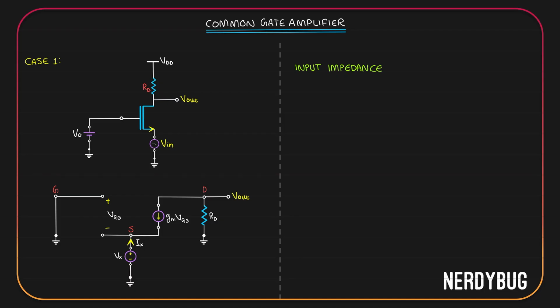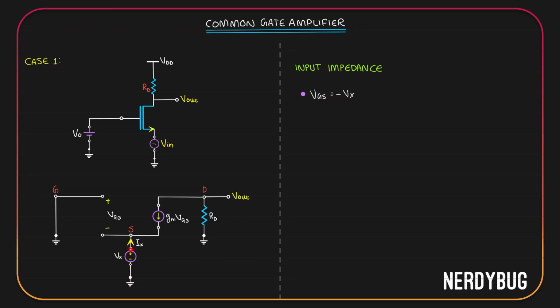We'll start by applying Kirchhoff's voltage law in the input loop again. We'll start from the ground. We have VGS from positive to negative. We reach the source. We have Vx again from positive to negative. According to the law, the sum should be equal to 0. VGS plus Vx should be equal to 0, or VGS is minus Vx.